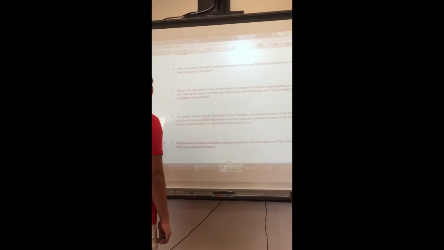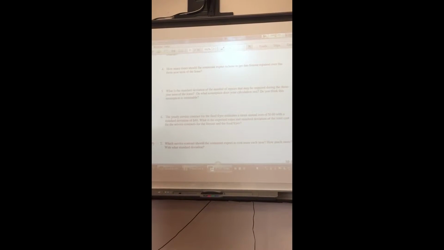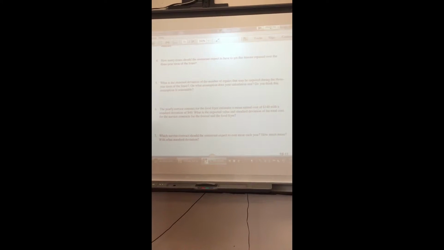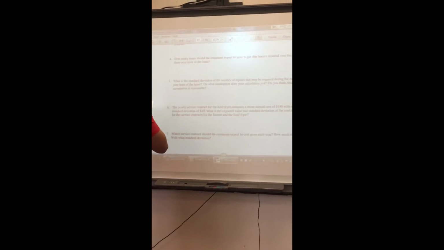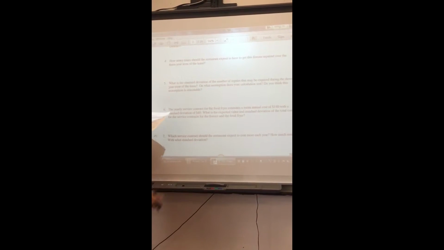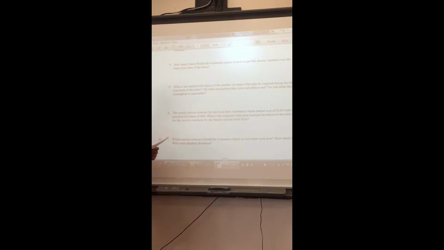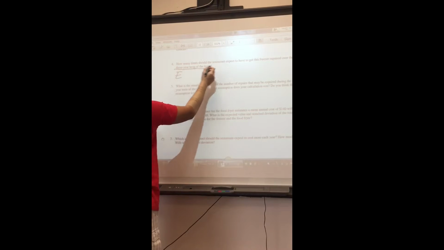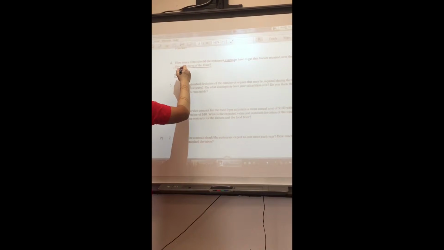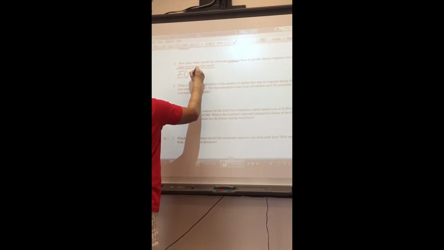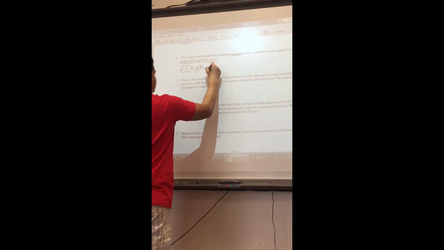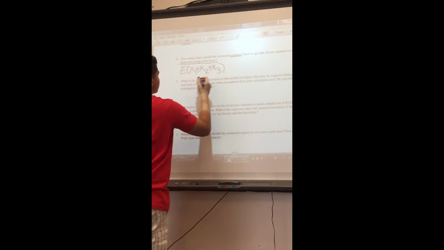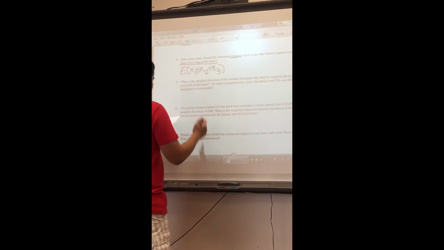So number 4, how many times should the restaurant expect to have to get this freezer repaired over the 3-year term of the lease? Since for number 1, the expected number of repairs for the freezer is 0.33, and it says 3-year term for the lease, so what you're going to do is expected over 3 years.